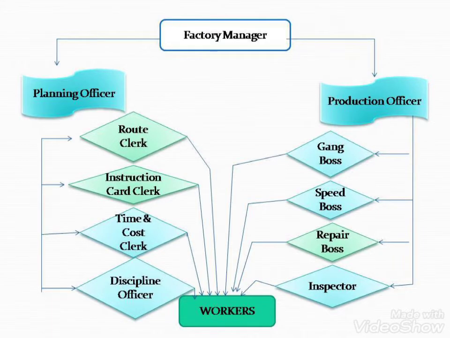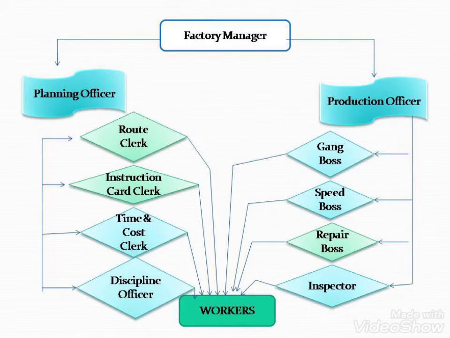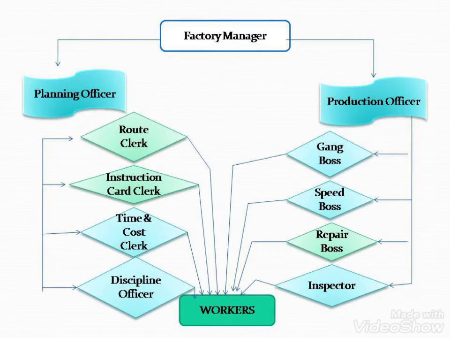He maintains the machines and equipment. He makes proper arrangements for their oiling, greasing, cleaning and repair, and prevents the misuse of machines and equipment. Then the inspector is there. He sees that the work conforms to the standards of quality laid down by the planning department.